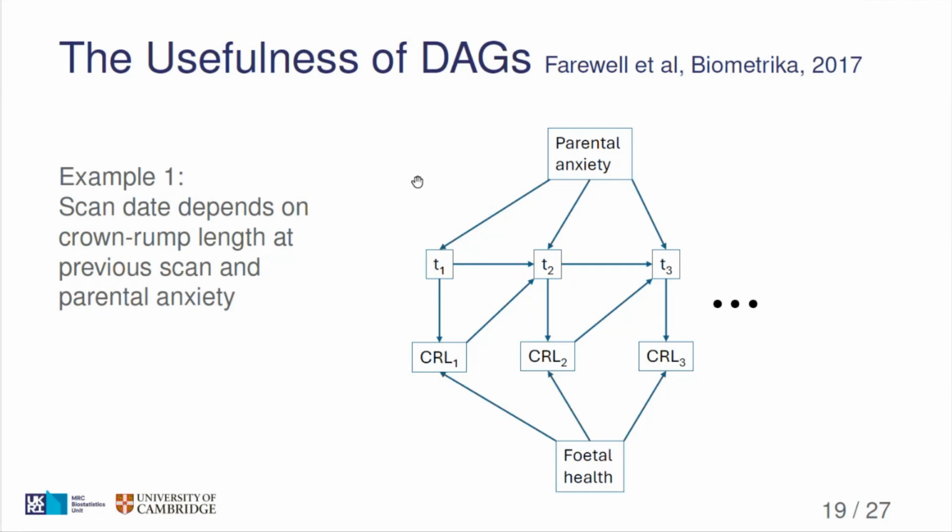In this scenario, because there are no variables that are affecting both the timing of the visits and the outcome that we're interested in, which is the crown rump length, there's no need to account for this informative observation. Essentially, we say the processes are separable statistically.